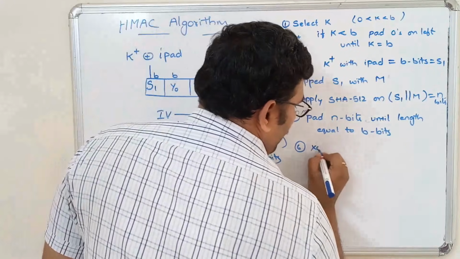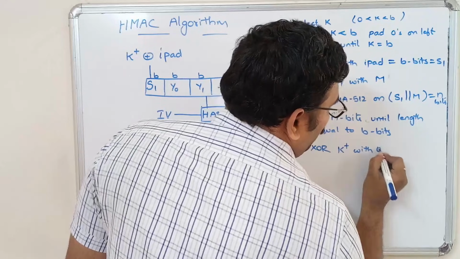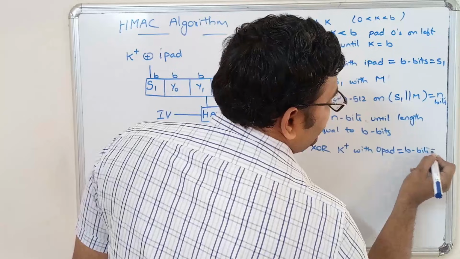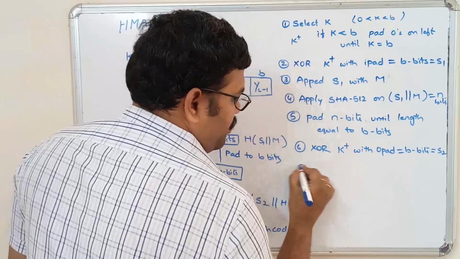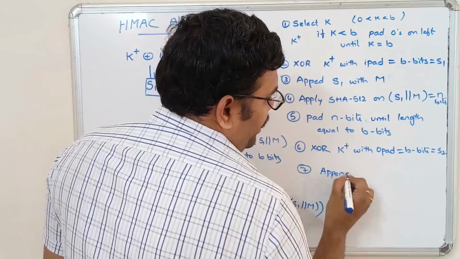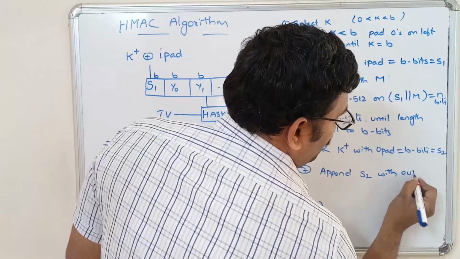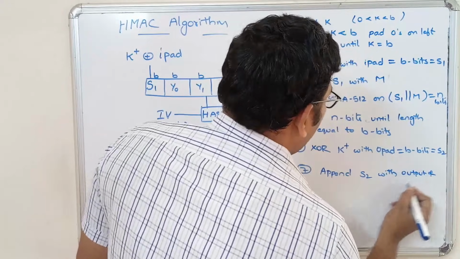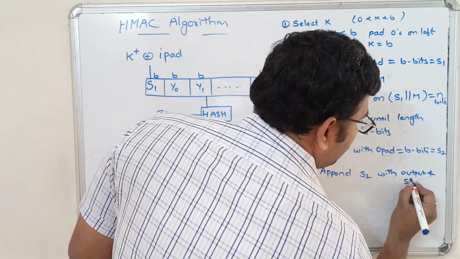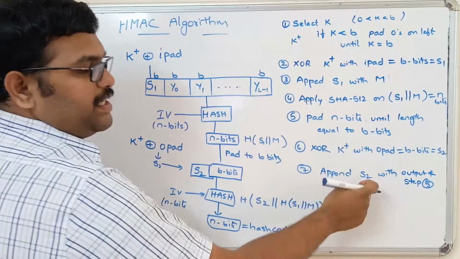Now again XOR K plus with OPAD, which will generate B bits. It is called S2. Now append S2 with output of step 5. So this one, B bits plus S2.